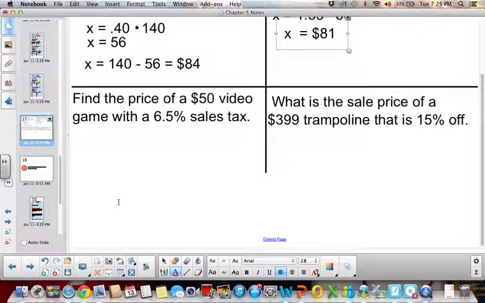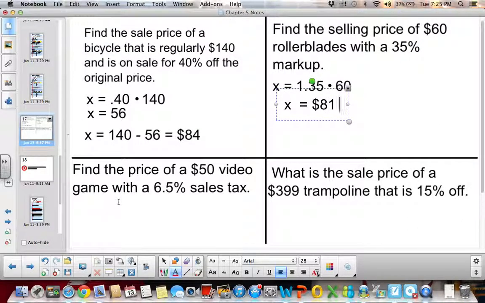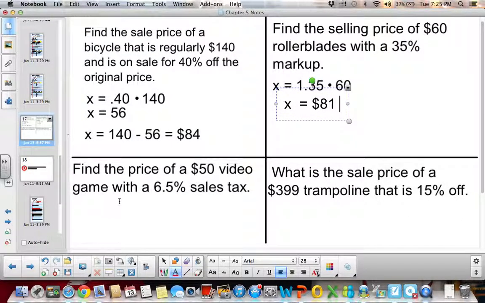Find the price of a $50 video game with a 6.5% sales tax. Sales tax is added on in addition to the item that you're buying. They figure out what 6.5% of the cost is, and then add it on to the total.